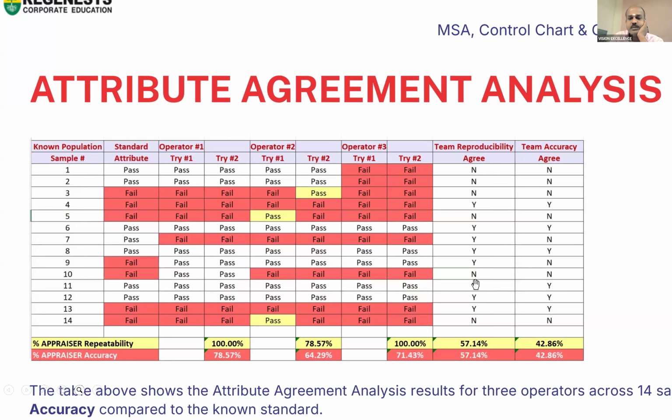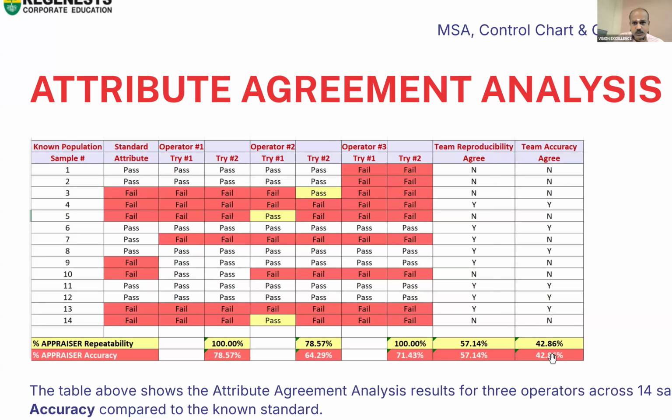Now let us calculate team reproducibility. How many yeses here? 1, 2, 3, 4, 5, 6, 7, 8. 8 upon 14 is 57.14%. So we need to improve the team reproducibility. Thereby, the team accuracy can also improve.